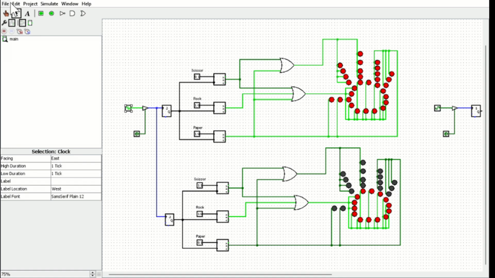Next is the comparator. The purpose of the comparator is to compare two binary values and generate a specific output based on their relationship. It can compare binary numbers to determine if one is greater than, less than, or equal to the other.